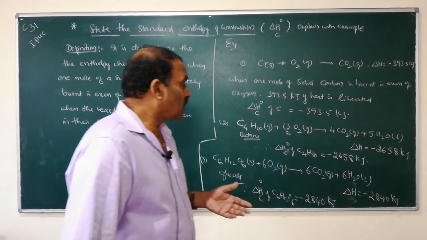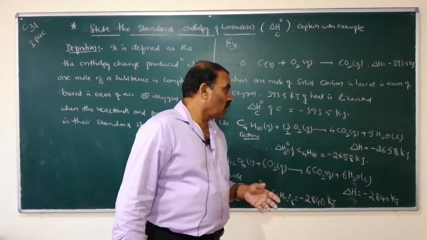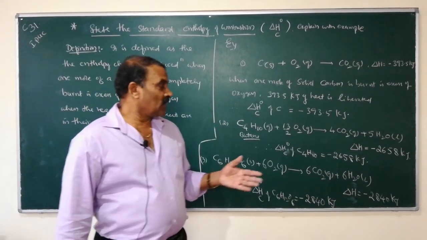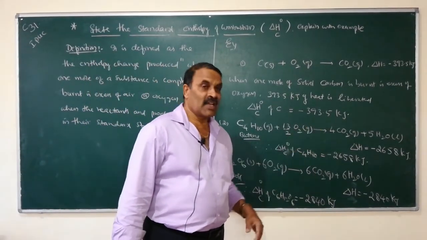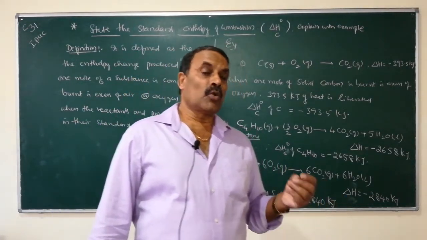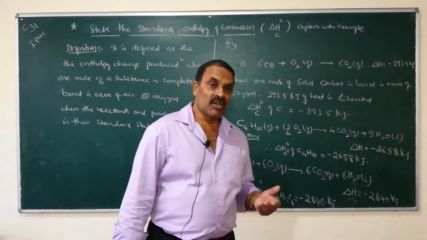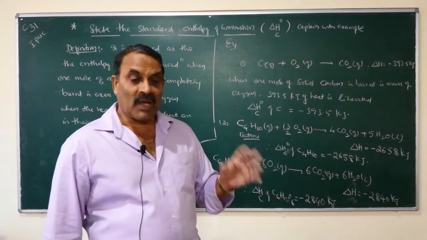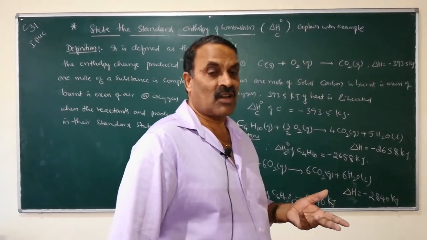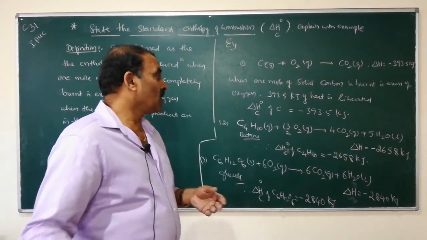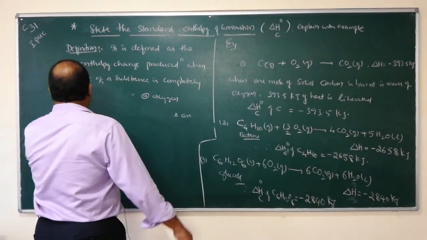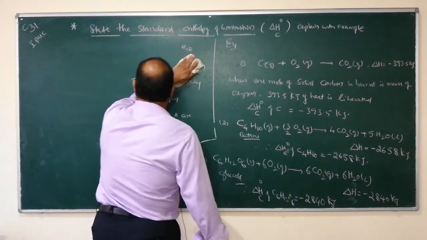Using the enthalpy of combustion values, we can determine their calorific values. If the amount of heat liberated is high, the calorific value of that substance is also high. So what is calorific value? The amount of heat liberated when 1 gram of that substance is completely burnt in excess of air or oxygen is called calorific value.